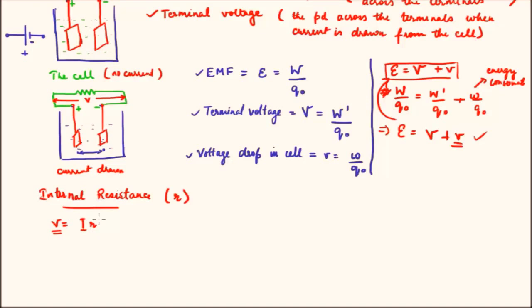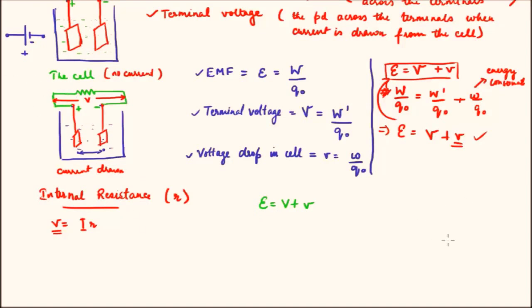Therefore if we use this information and we plug it back here, what we can see is this. What we can see is, we know E is V plus small v. Now small v I will replace with I times small r, and capital V I will replace with I times capital R. Let me draw the circuit again.